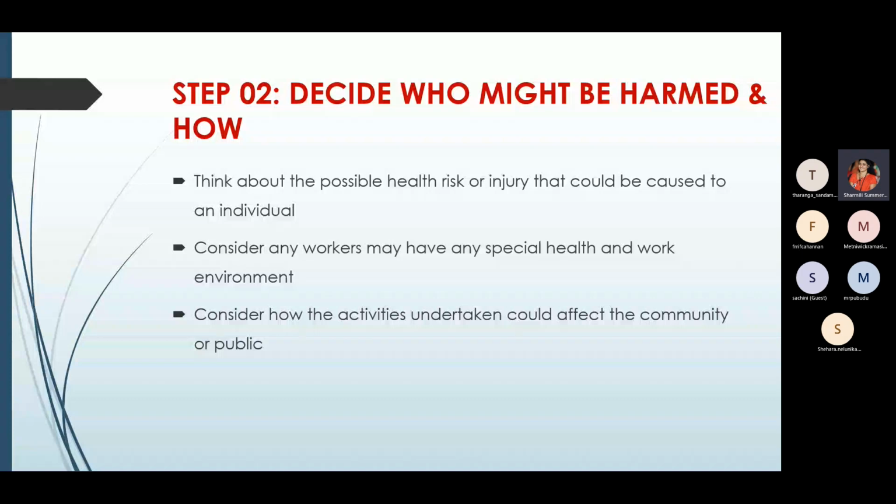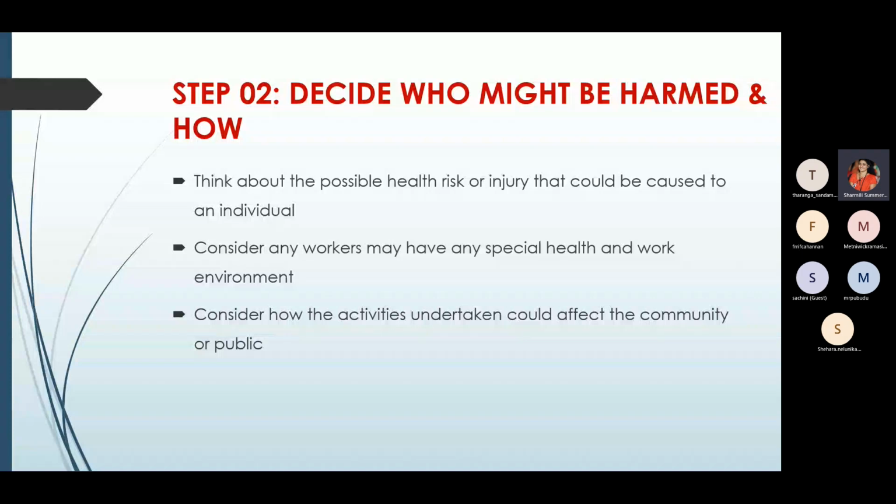This is the decide step, because with the chemical substance, chemotherapy drugs, the people involved in the preparation are going to get harmed or injured. And how are they going to get harmed? If the drug splashes into the eyes, it can get into the body and cause damage. Through inhalation, by breathing, it can get into the body.